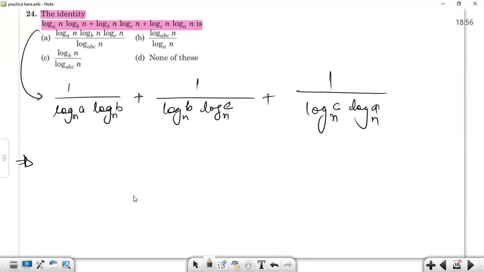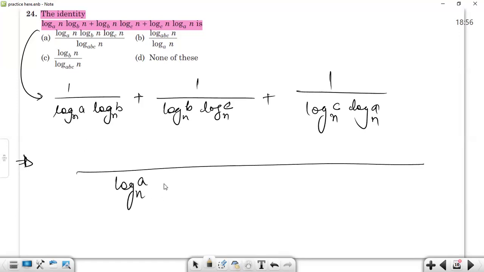So let's take the LCM. The LCM will be logarithm of a base n, logarithm of b c base n, and if we also take logarithm of c, now this particular term will divide all of these terms. Do you agree, and are you able to understand how I have written the LCM? Yes, sir.